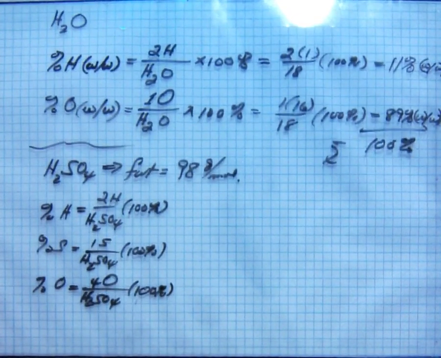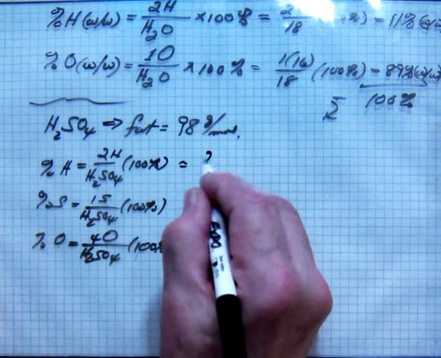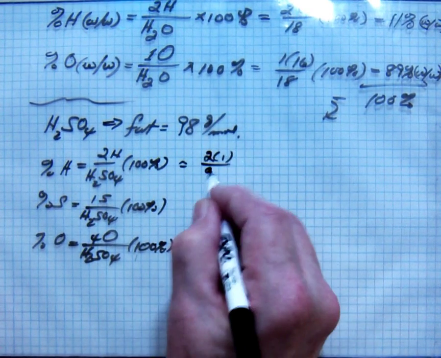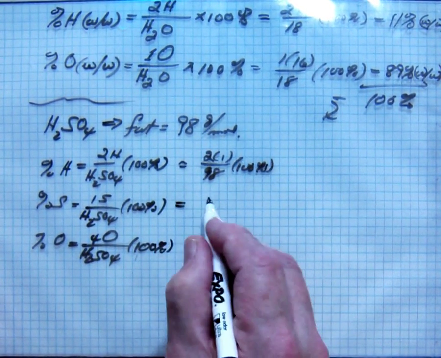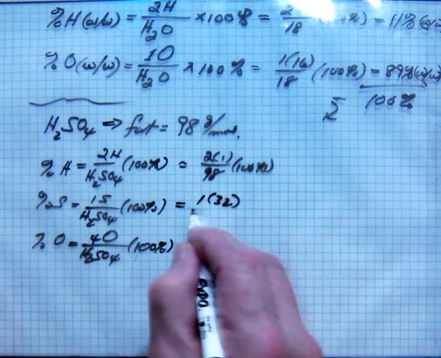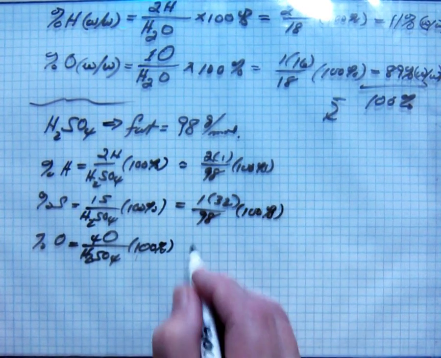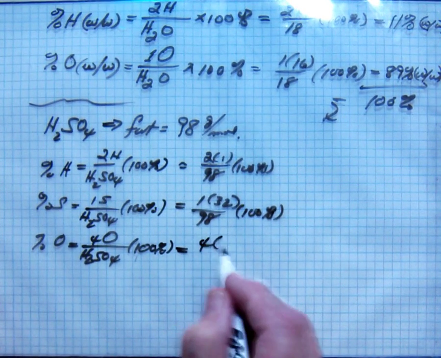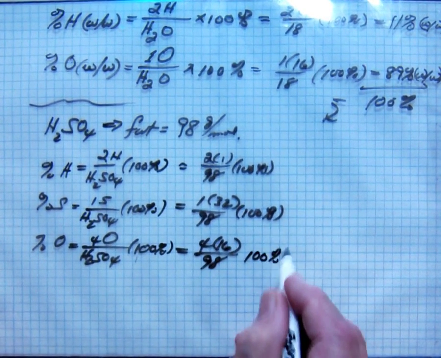Put that up a little bit so you can see what's going on. Okay, so that's simply 2 times 1 over 98 times 100%. That one is 1 times 32 over 98 times 100%. And 4 times 16 over 98 times 100%.